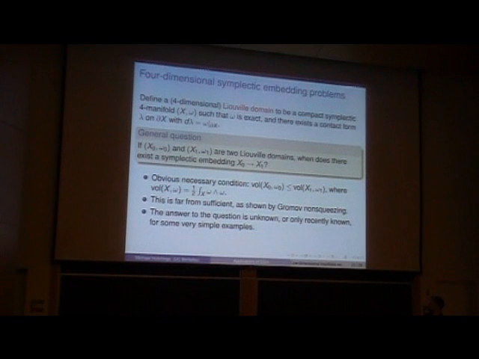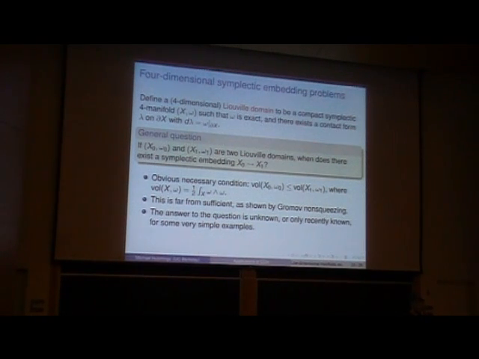So if you have two Liouville domains, you can ask, when does there exist a symplectic embedding from one to the other? Of course, a symplectic embedding preserves the symplectic form, and so preserves the volume forms determined by the symplectic forms. So if a symplectic embedding exists, then the volume of X0 has to be less than or equal to the volume of X1. So that's obvious.